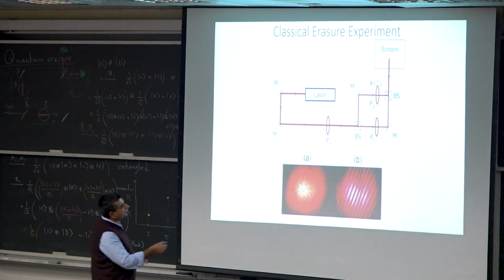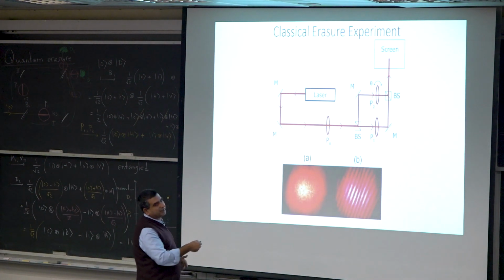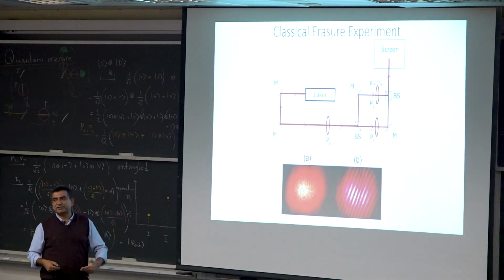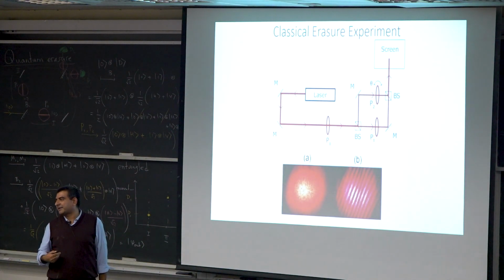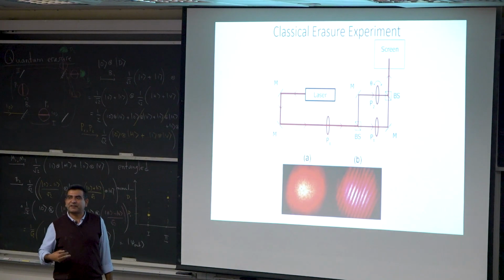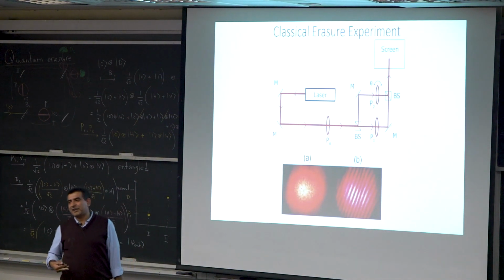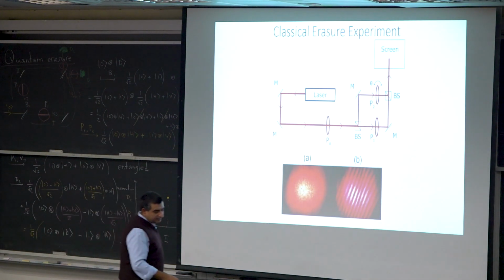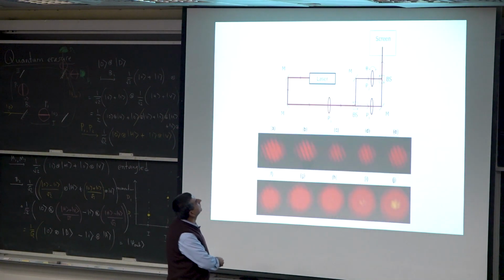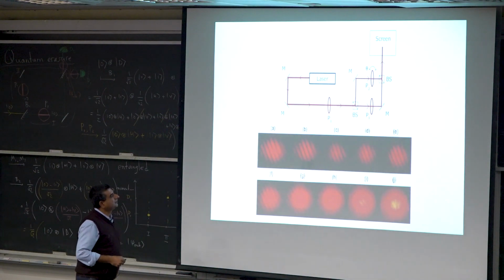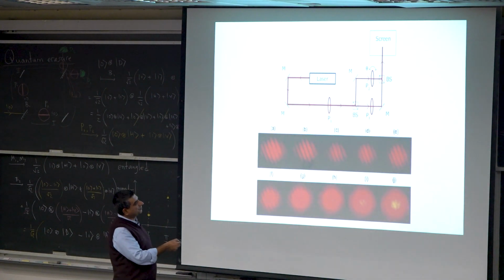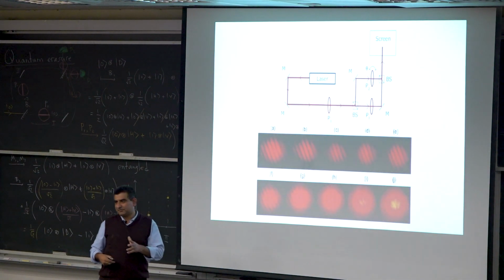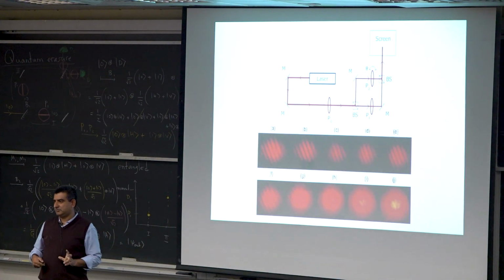If I were to measure the polarization of this light, I can place a polarizer here. If I were to measure its polarization, I can tell which path it has taken. I've just chosen not to measure the polarization, but if I were to do it, I would get which path information. Now the other scheme is if I were to keep one polarizer fixed and rotate the other.